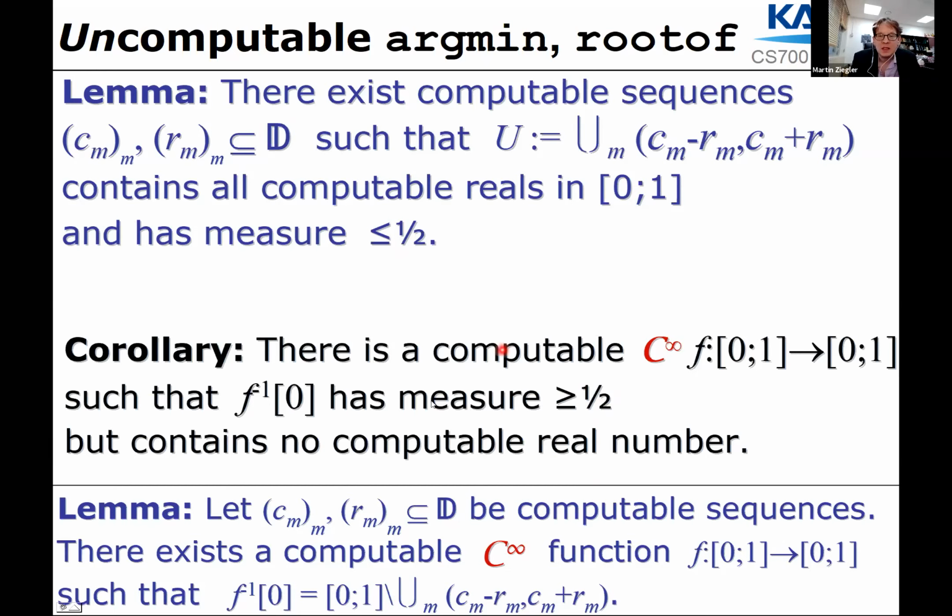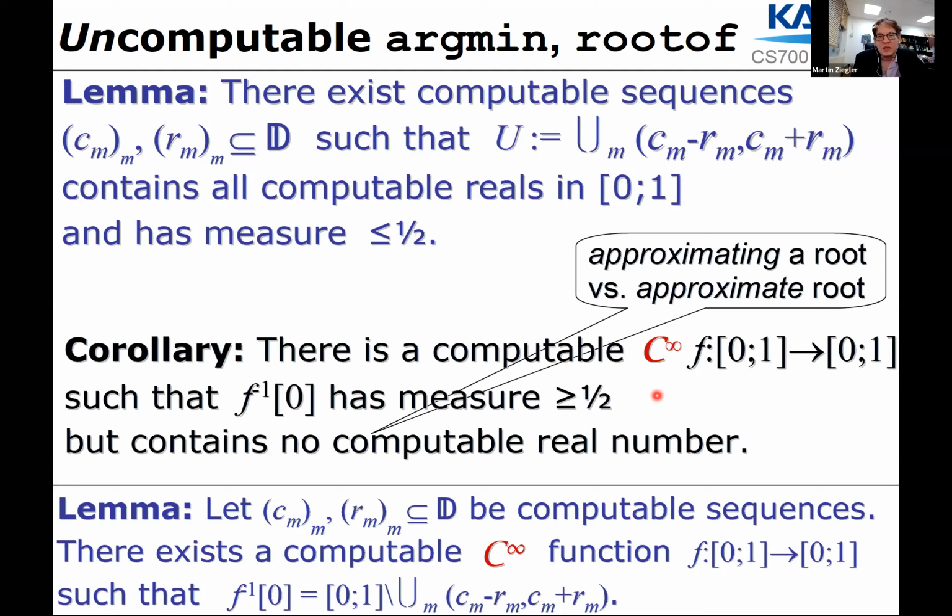And this is the statement that says, in general, root finding and argmin of a computable function is uncomputable, and smoothness hypotheses do not help, right? Even with the hypothesis that the function is infinitely often continuously differentiable, still it's an uncomputable problem in general.